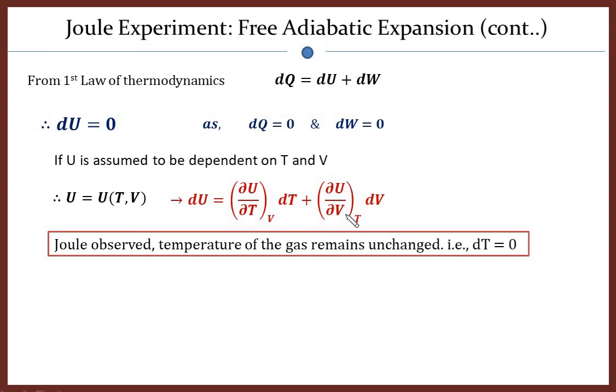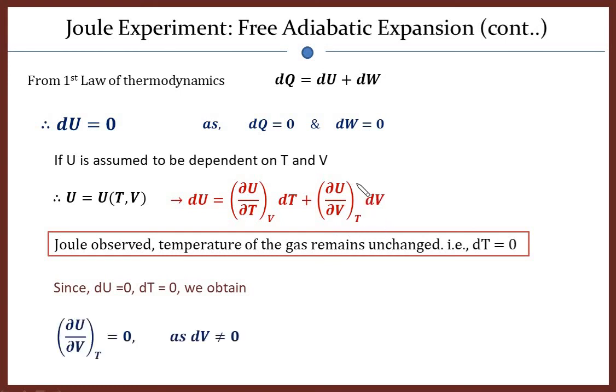Right? (∂U/∂V)_T dV will be equal to 0. Now as there is a change in volume, initially the gas was in some portion of the container, and after removing the barrier it fills the container, so the volume has changed. If this part is equal to 0 and dV is not equal to 0, then (∂U/∂V)_T equals 0. That is, the rate of change of internal energy with respect to volume is 0, which implies U is independent of V.